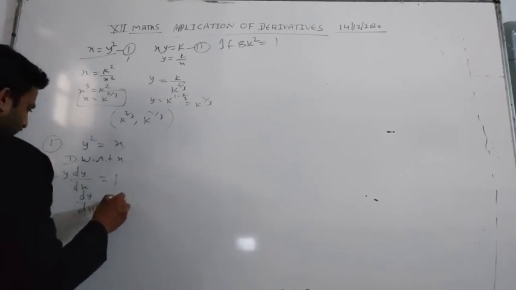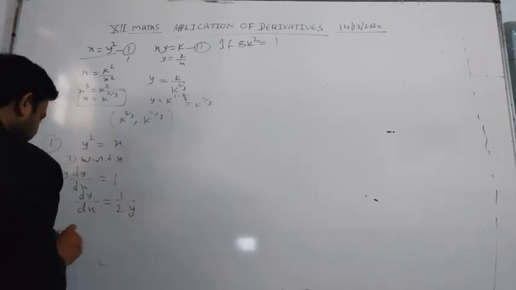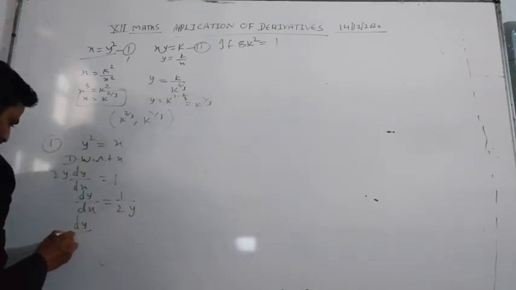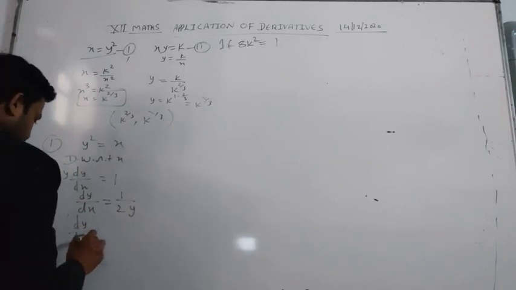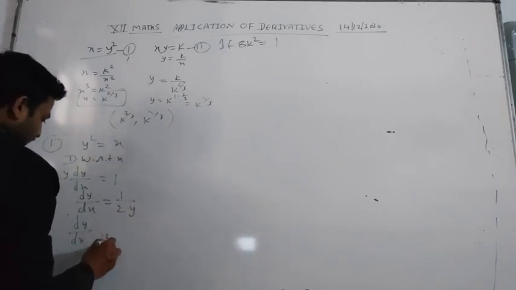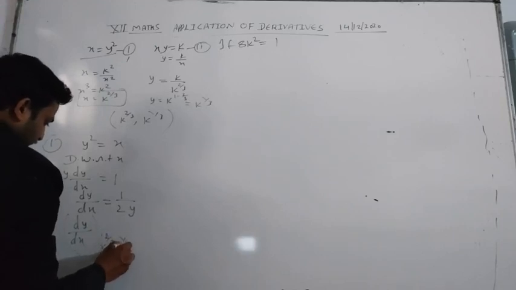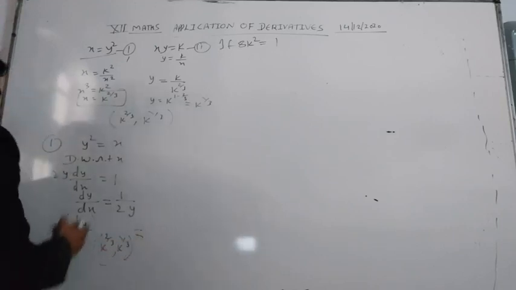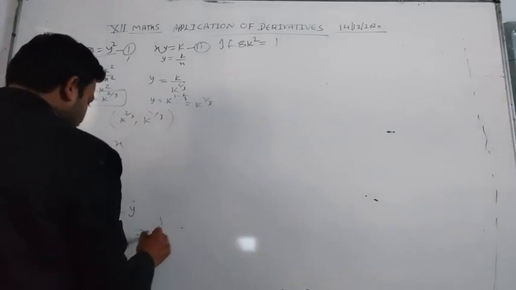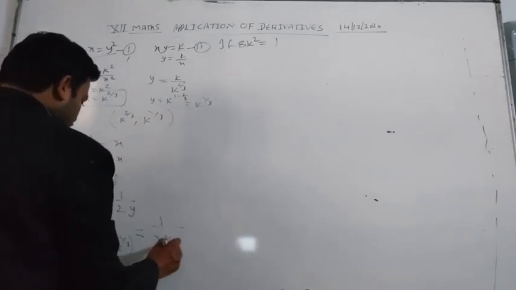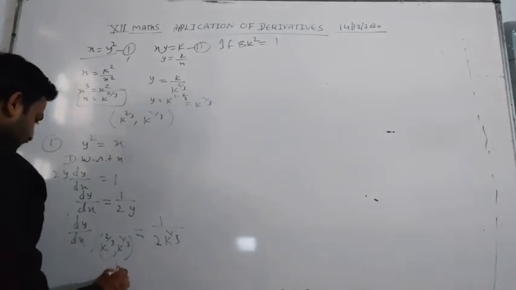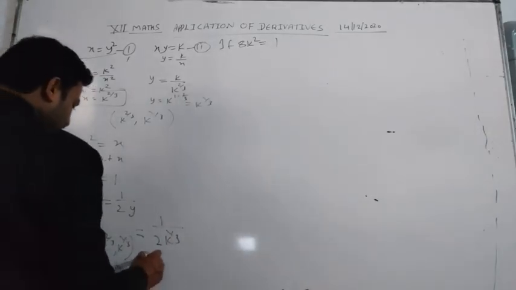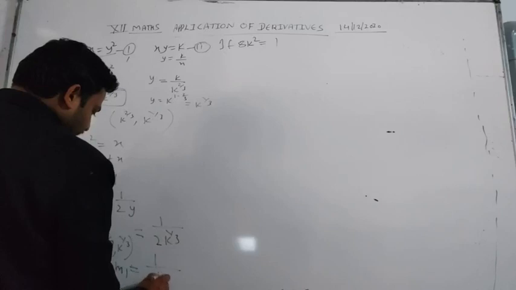So dy by dx is 1 by 2y. Now put the value here, we get 1 by 2 k to the power 1 by 3. So this is our m1, slope of the first curve.